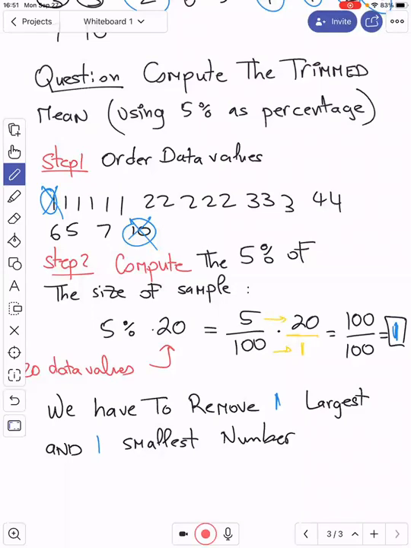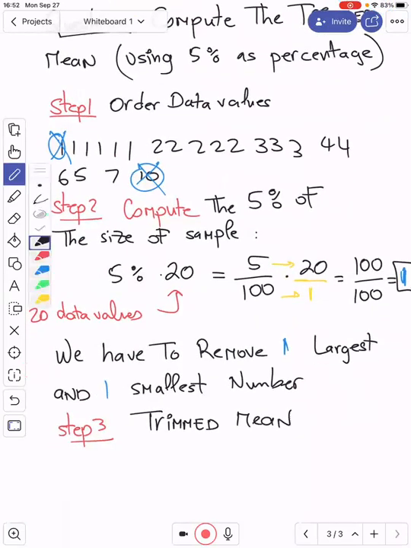Okay, now I can compute my trim mean, and all I have to do is compute the mean of the new data set. So now I have 5 ones, so that'll be 1 plus 1 plus 1 plus 1 plus 1, 5 times.